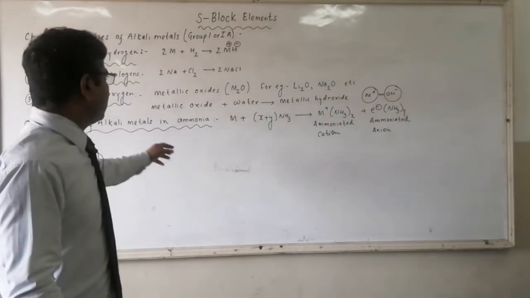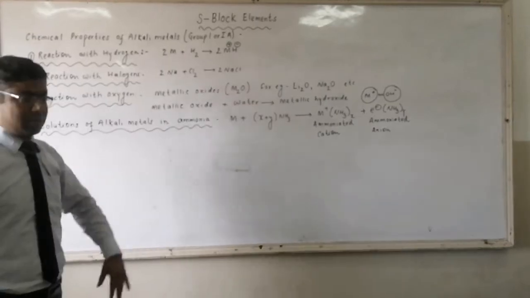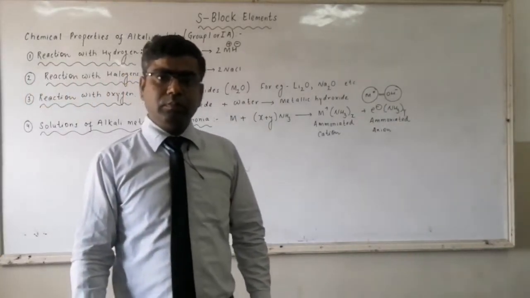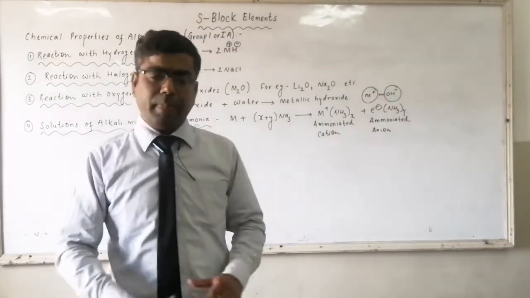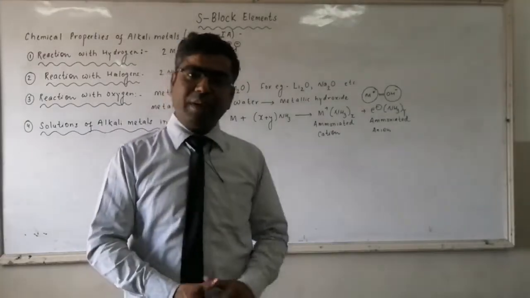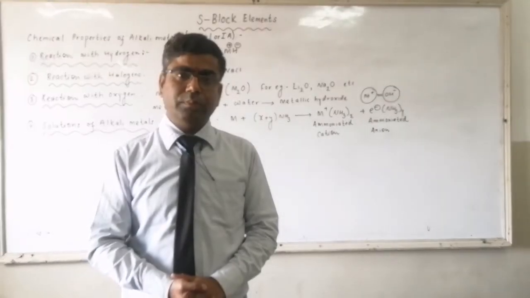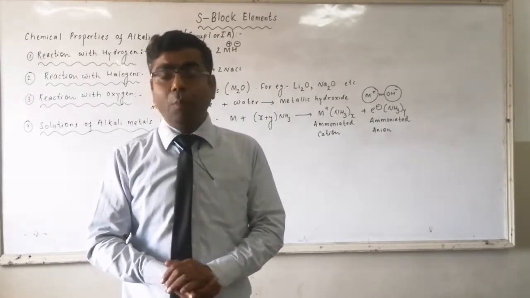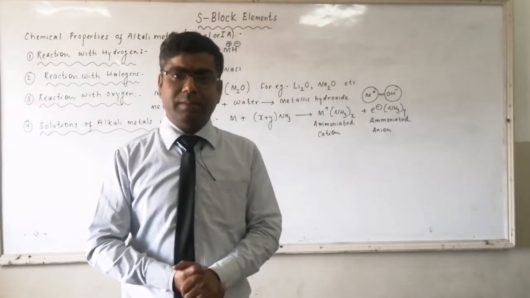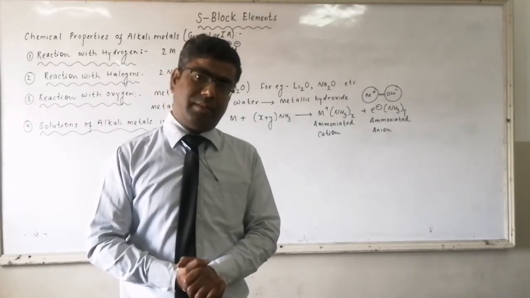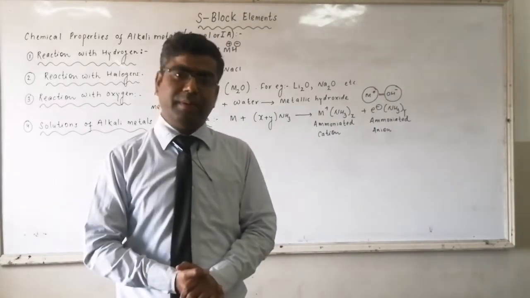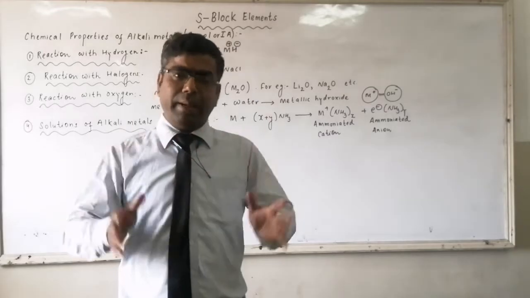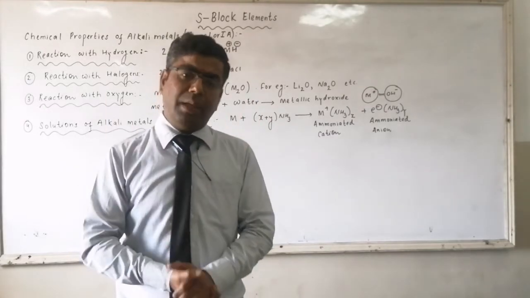Then we have the second reaction, with halogens. Halogens are towards the extreme right: most non-metallic elements, most electronegative elements. Alkali metals are at the extreme left: most metallic elements, most electropositive elements.